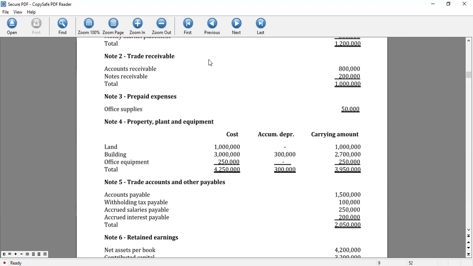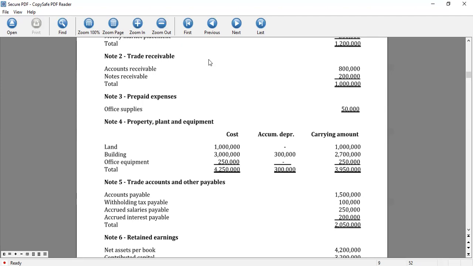So that's why we recorded this as accounts payable. Other liabilities consisted of withholding tax payable of 100,000 as given above.